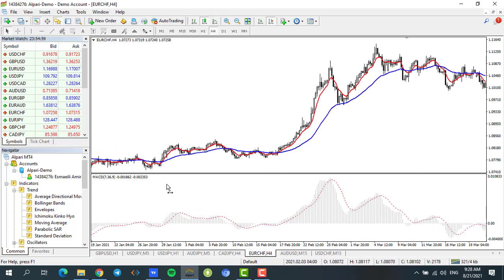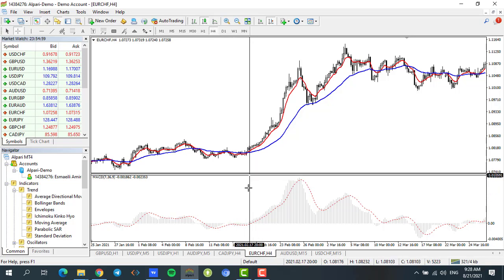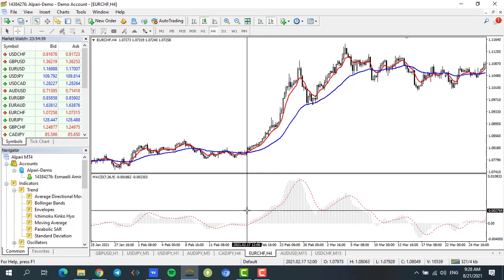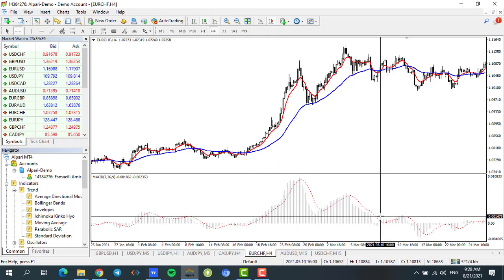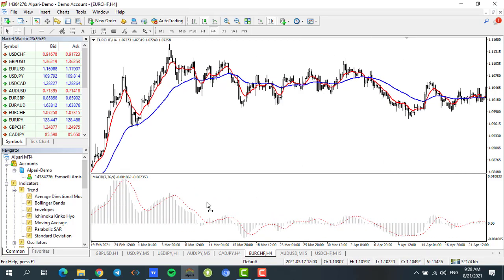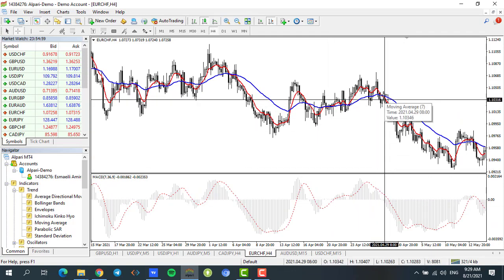Okay, let's find the crosses and find the change of our MACD. Here we have a cross, here we have a cross again, and MACD gives us a signal. Here cross, cross. It's simple.